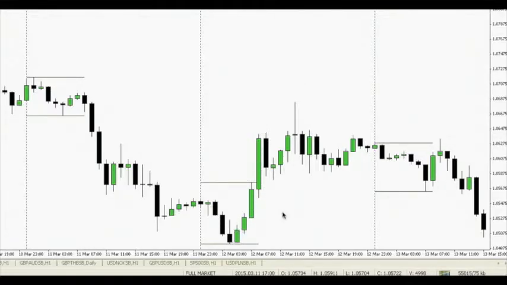Okay, so in this sequence I'd go long here, then short because it's a direction change, and now I can stack a long because we've had a direction change again. Okay, so we're fishing for the points where price changes direction. Okay, and we're just taking those.